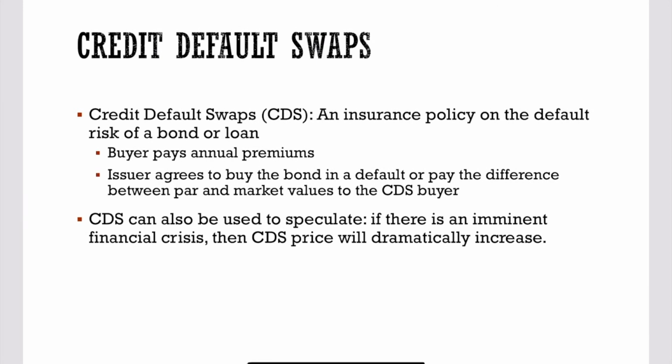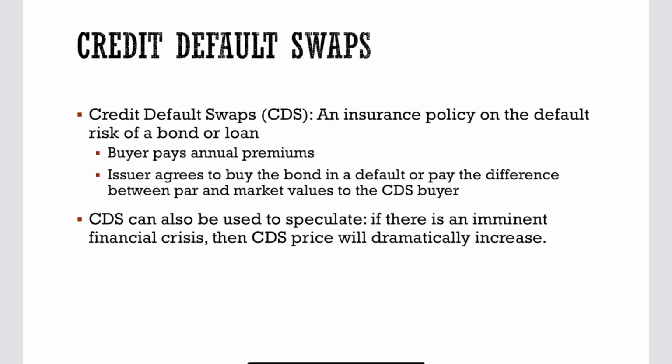Now, remember we talked about how to reduce a firm's default risk. We could use bond indentures, a contract which sets a bunch of restrictions which make the bond safer. A second way is to use CDS, credit default swap, which is actually an interesting financial instrument. What is a CDS?